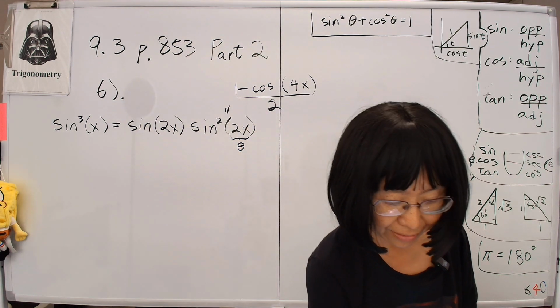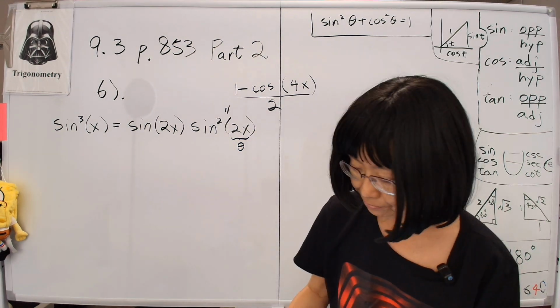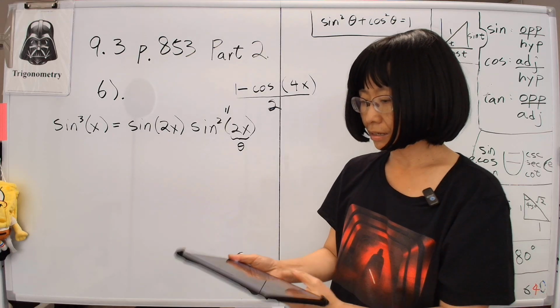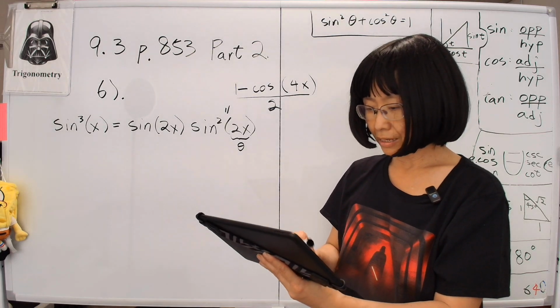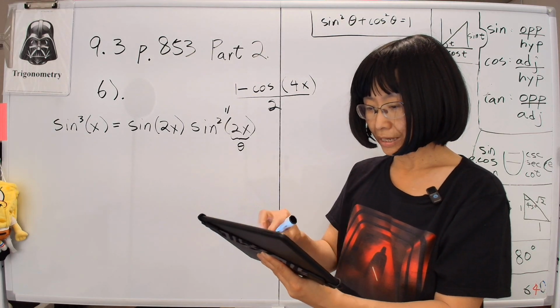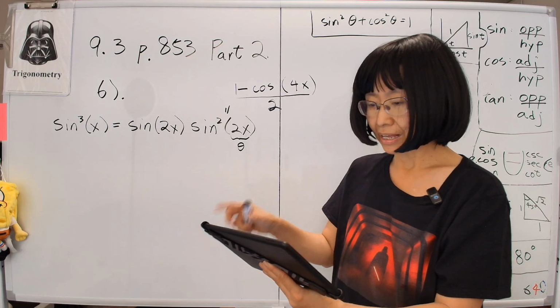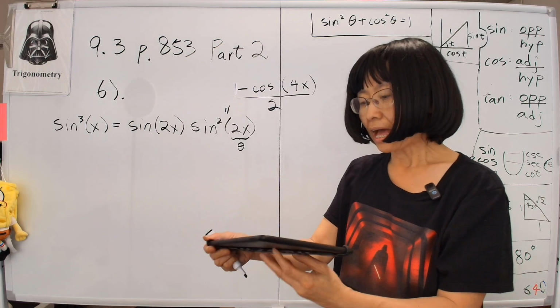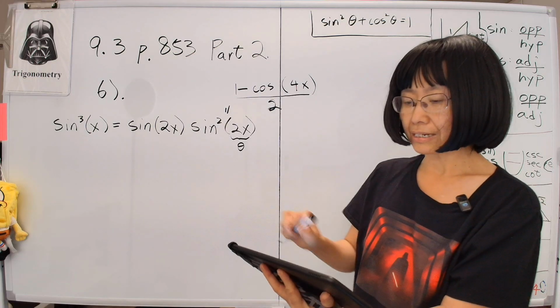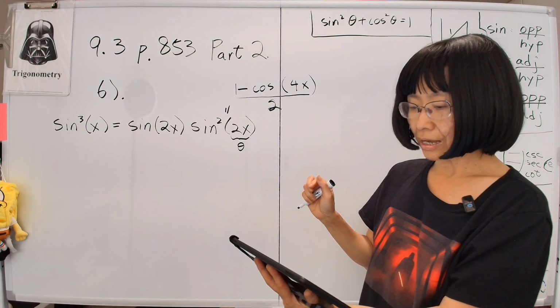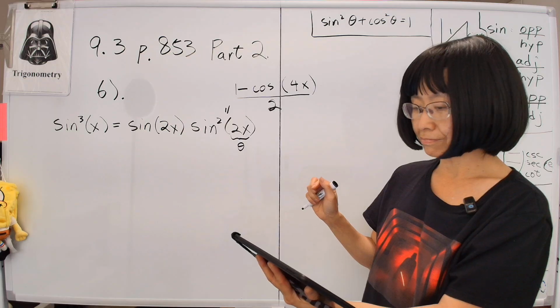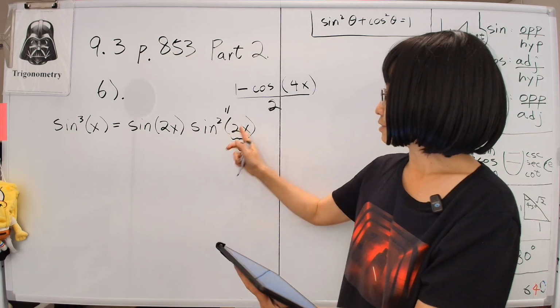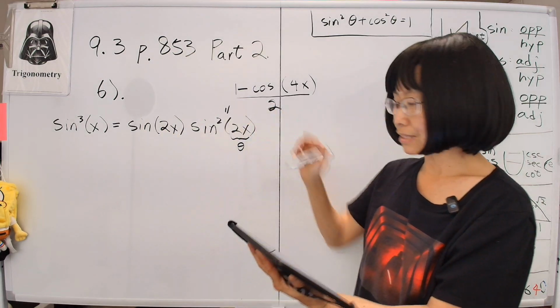All right. So next, what are we going to do? Oh no, I lost my page. Okay, I got it back. Good. And so that is the next one. And then after that, this whole thing equals that times that.